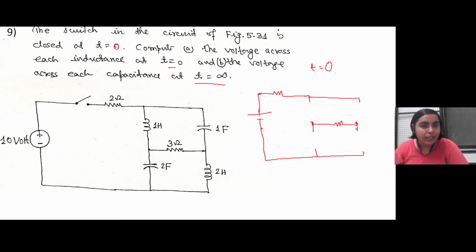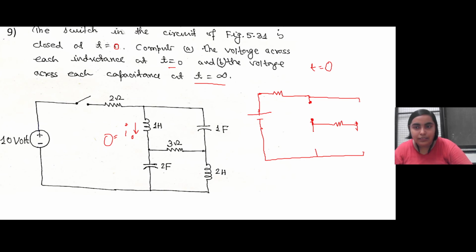Initially no current was flowing through it, it was 0, so it will oppose any change in the flow of current and act as an open circuit. Did you follow it? Yes, ma'am. At t equal to infinity it will act as a short circuit, but right now it will act as an open circuit, right?